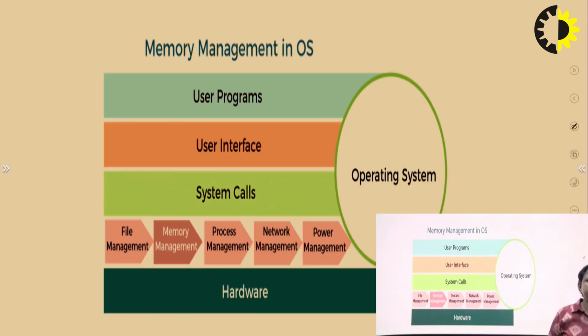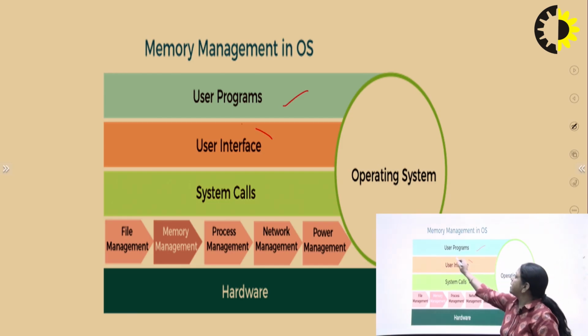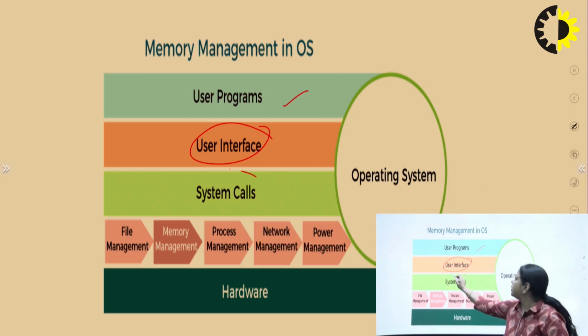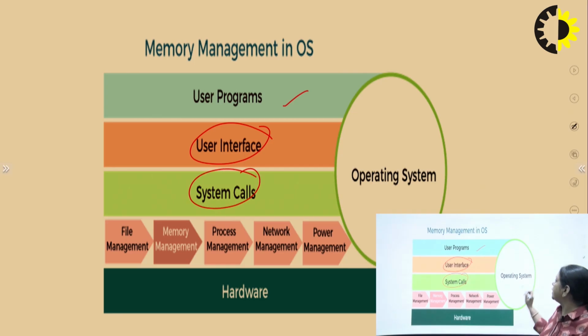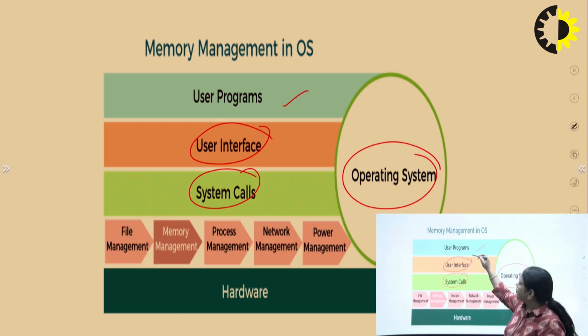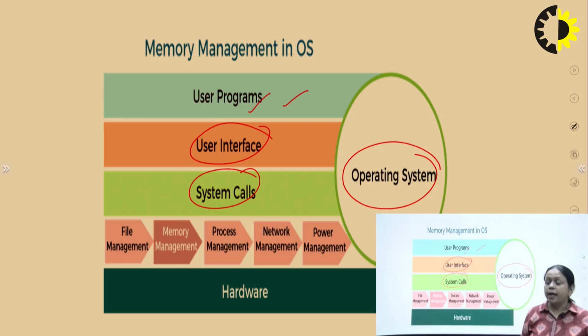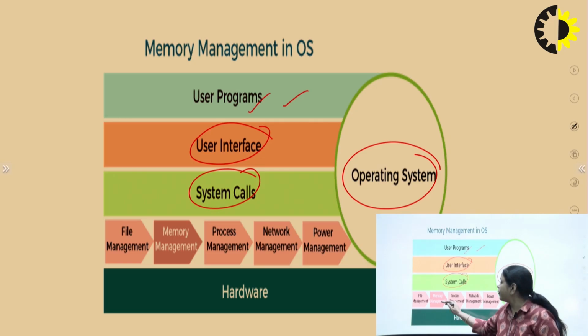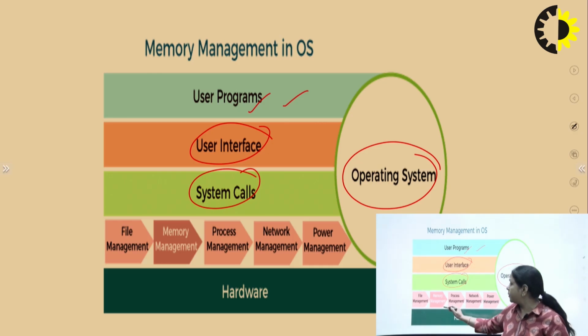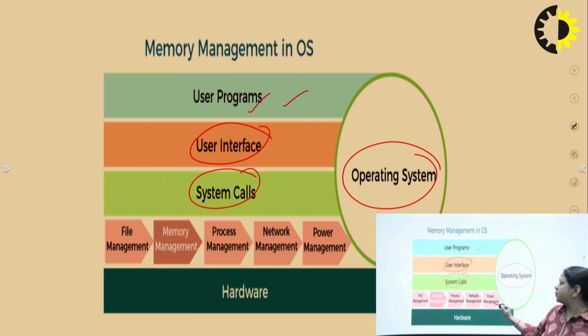You can see in this diagram, this is the user program, and this is the layer of the user interface, which you can also say is a layer of the operating system, and system call. This overall is known as the operating system, which is used to give the interface to the user programs. These are the different functionalities of the operating system, like file management, memory management, process management, network management, power management.